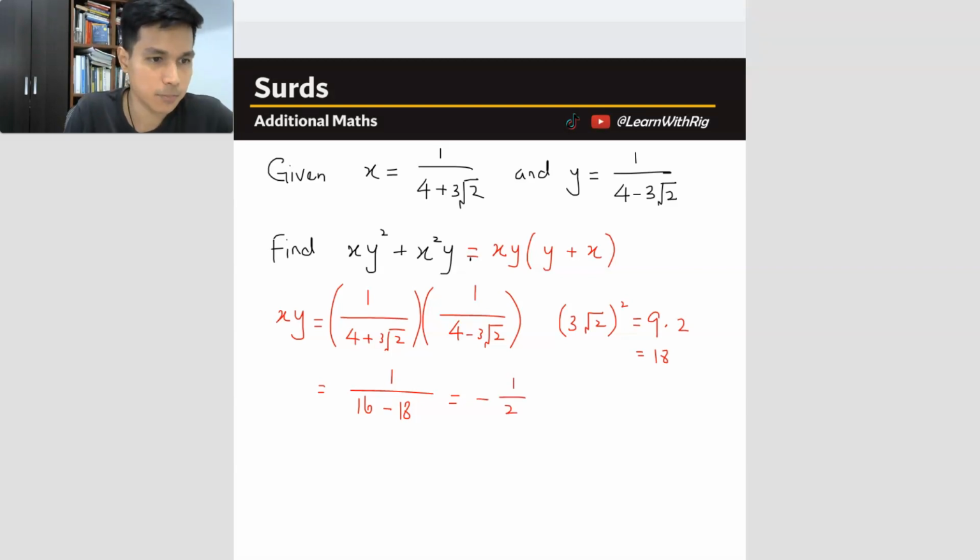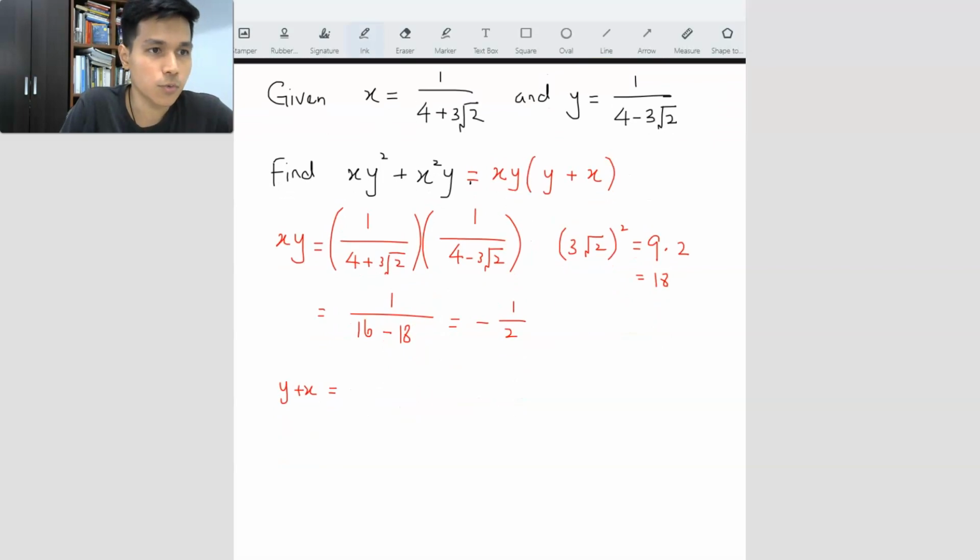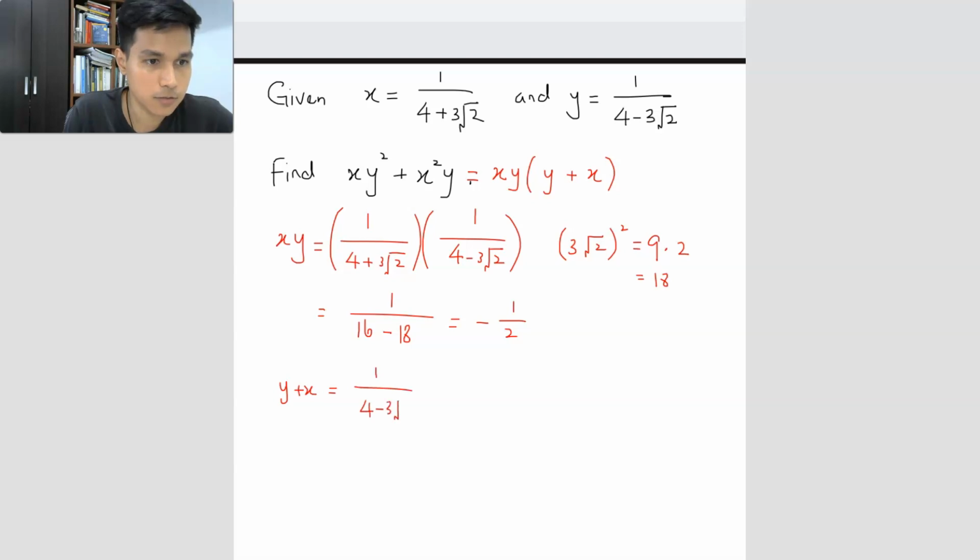Now we do the second part, y plus x. What is y, what is x? y is 1 over 4 minus 3 surd 2 plus 1 over 4 plus 3 surd 2. So this one, you've got no choice. You have to multiply by the conjugate because you want to make the denominator the same.